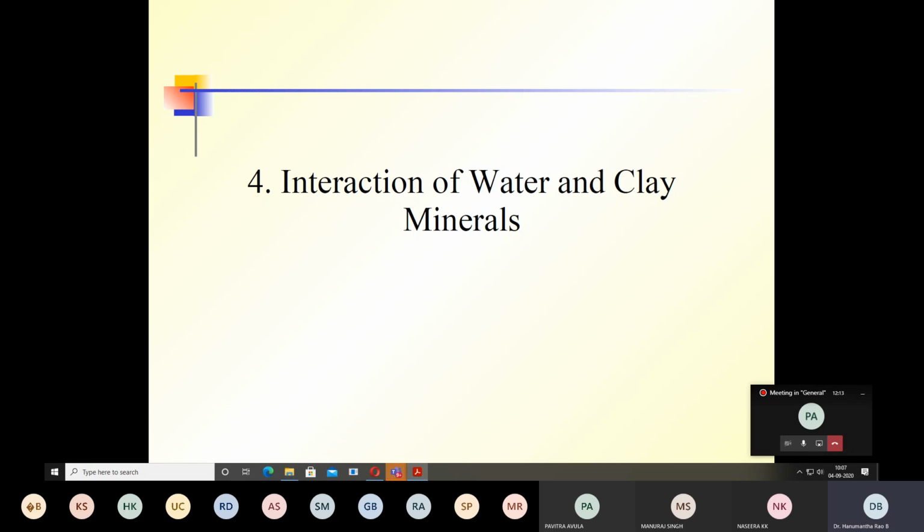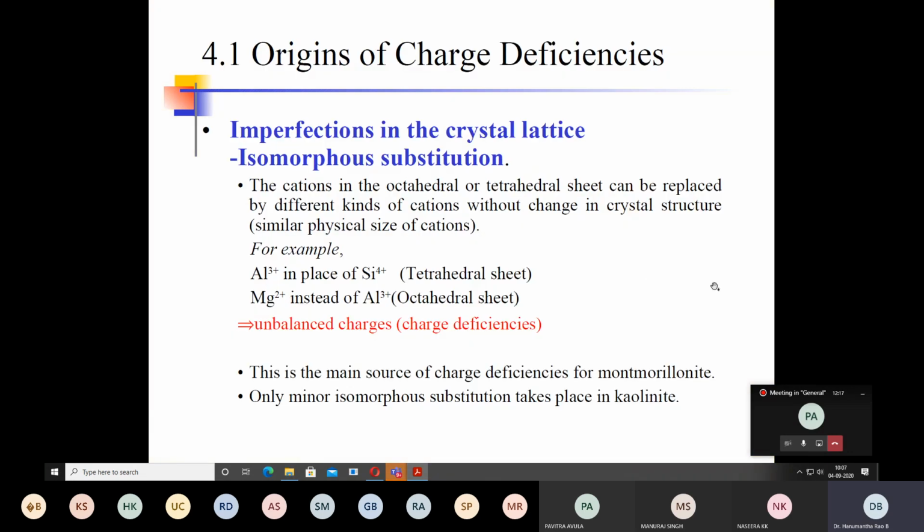So today let us try to understand the clay water interaction. Try to ask as many questions as possible, because once you understand this lecture, then much of geotechnical engineering can be understood, irrespective of whether you are working in conventional soil mechanics or soil dynamics or rock mechanics or geosynthetics or any waste material.